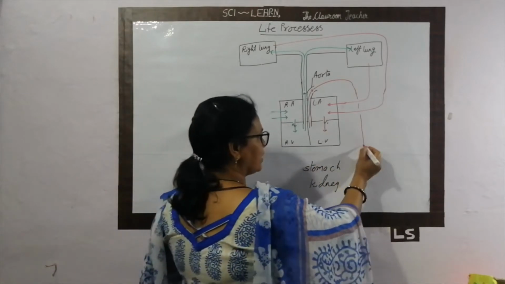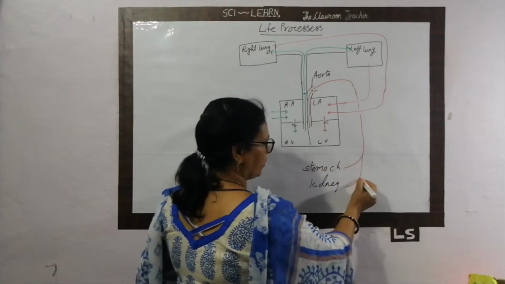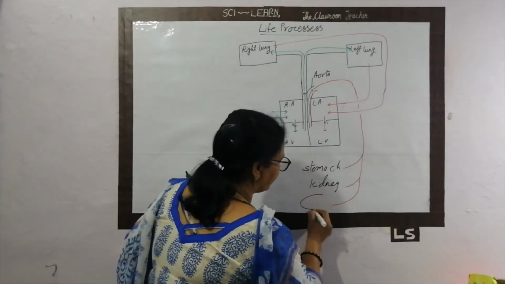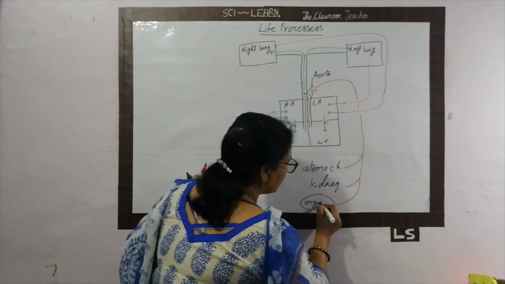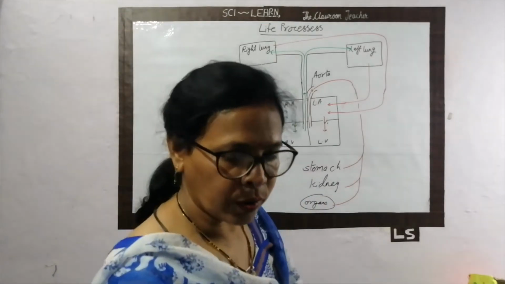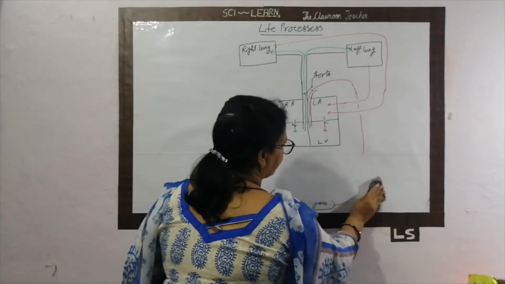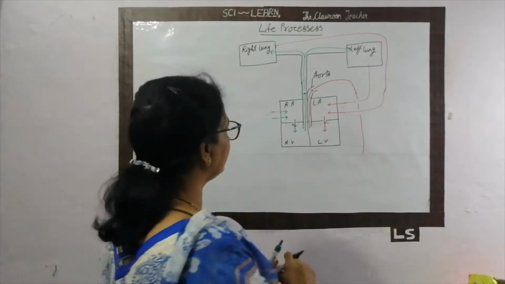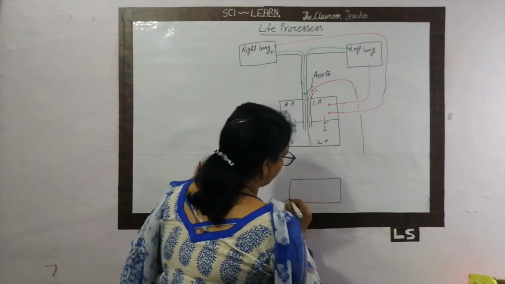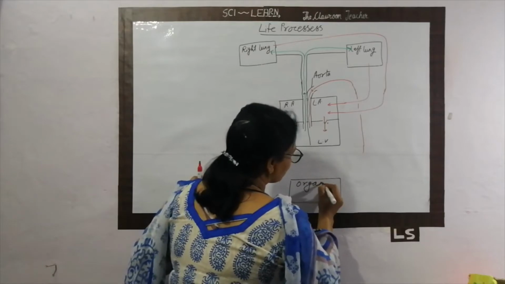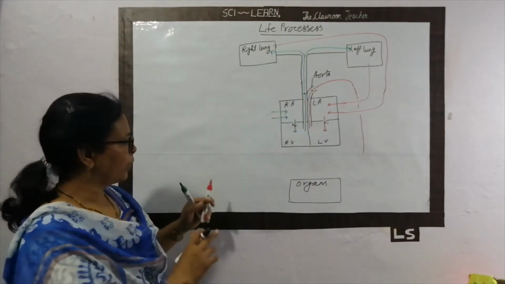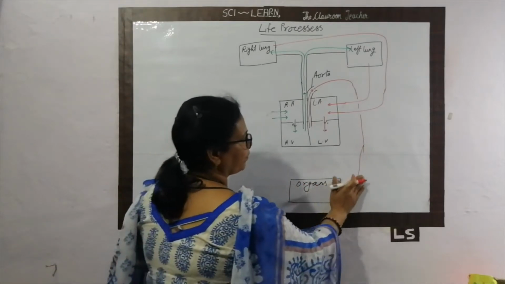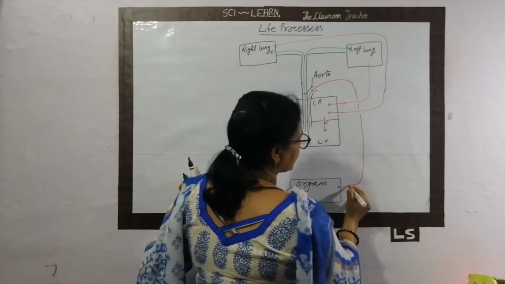All this oxygenated blood is transferred by the aorta to all the organs throughout the body, on the upper side and on the lower side.